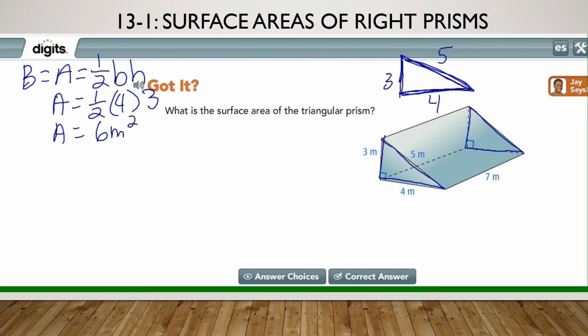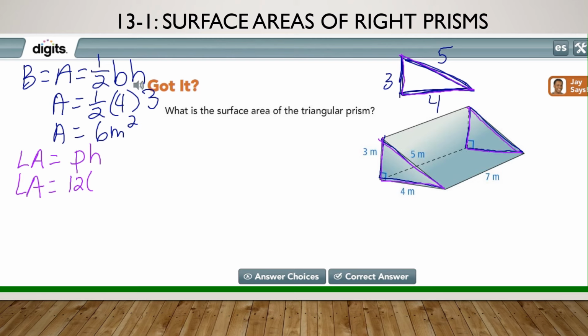Now we have to find the lateral area. The formula for lateral area of a prism is lateral area equals perimeter of the base times the height of the prism. If we're looking at this base, the triangle, to find the perimeter, you add up all the sides. So 5 plus 4 is 9, plus 3 more is 12. So the perimeter of the base is 12, and the height of the prism is the distance between the two bases.